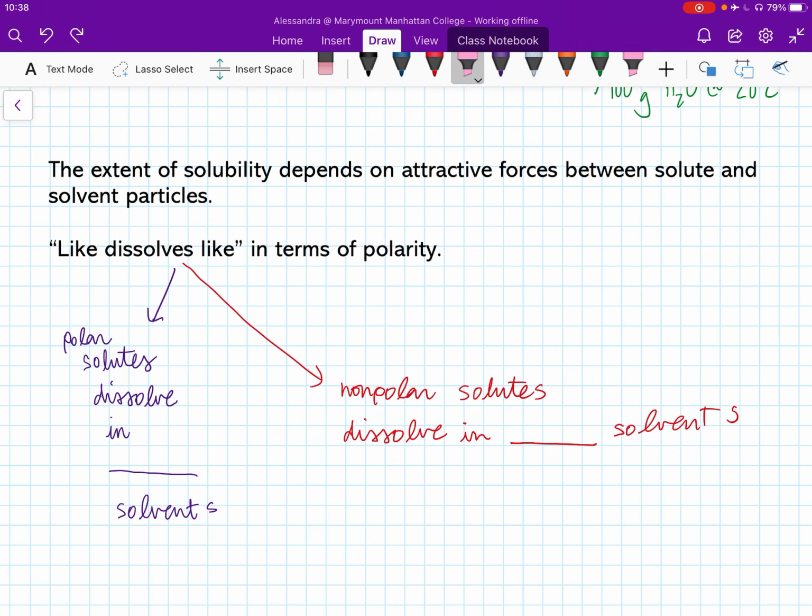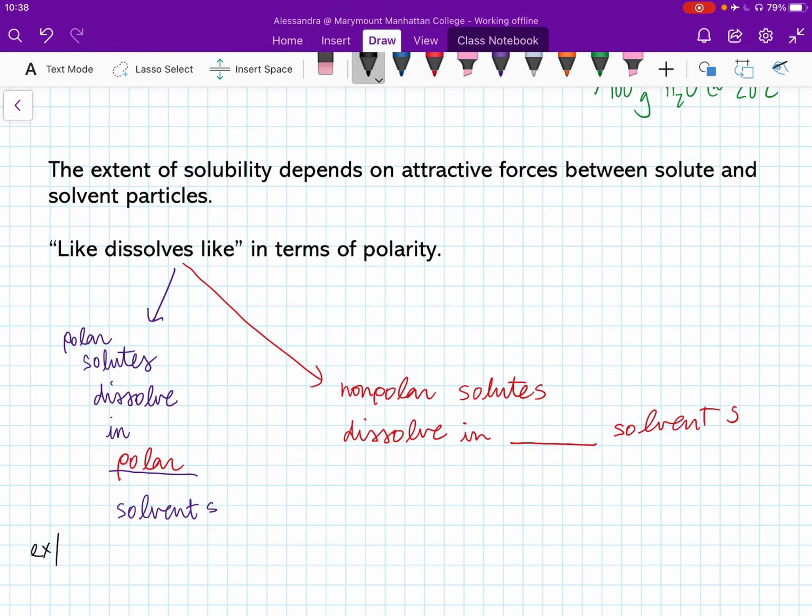It's literally as simple as that. When we say like dissolves like, we're talking about polarity. So what that means is that polar solutes are going to be apt to dissolve in polar solvents. Okay, so polar dissolves in polar. Polar solutes dissolve in polar solvents.